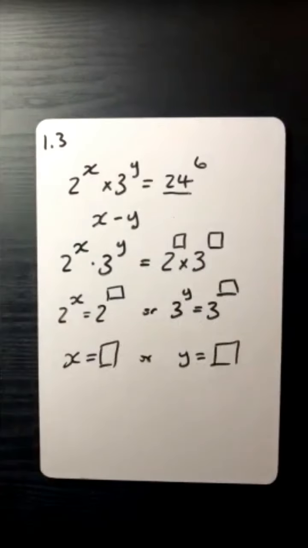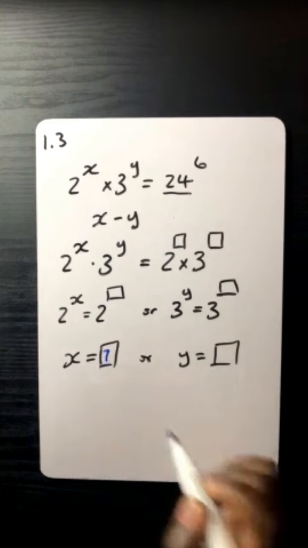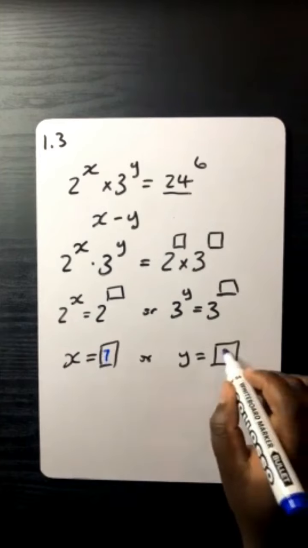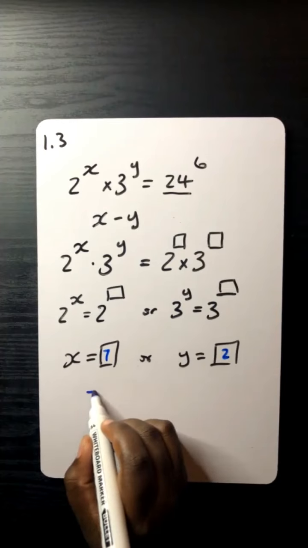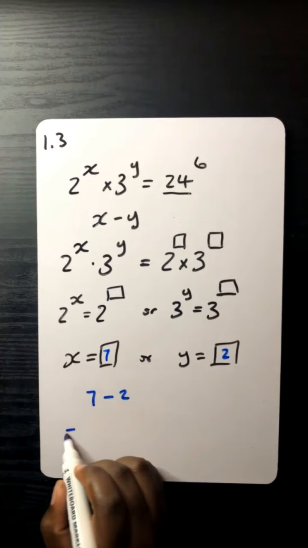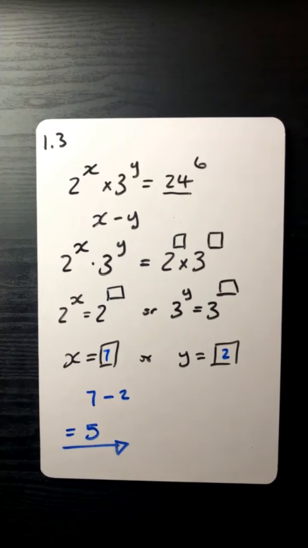As an example, ladies and gentlemen, let's say the x value is 7, and the y value is 2. That means you say 7 minus 2, then you've got 5 as the numerical value of x minus y.